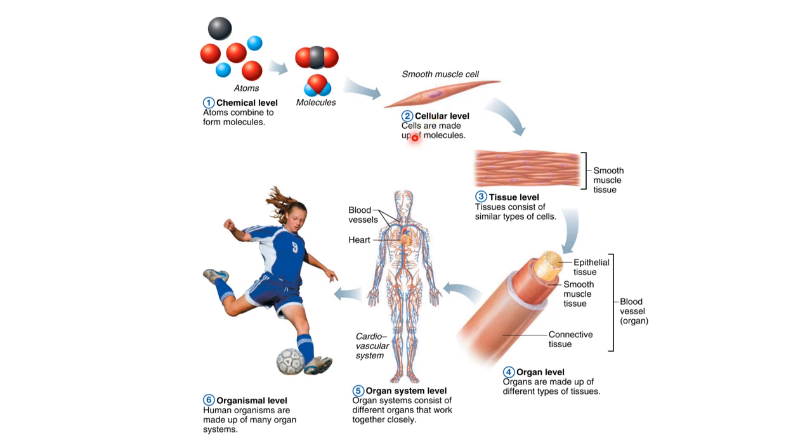Next, a cell is made up of macromolecules, and it is the functional and anatomic unit of the human body. So at its simplest, the cell will be able to perform the functions of life. Cells will combine with other cells to form tissues.